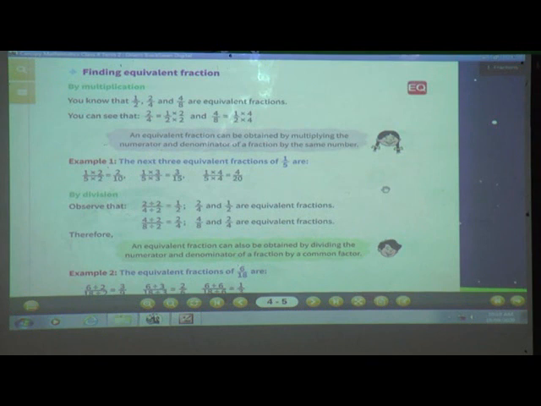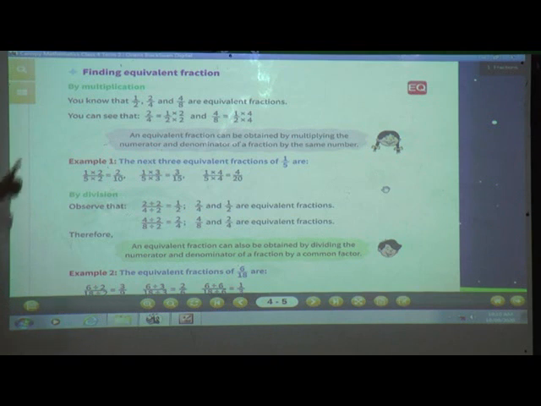Now we will move to the next concept. We are going to study finding equivalent fractions by multiplication and by division. We have studied through the activity, but still, how can we find by multiplication and by division, we are going to see.